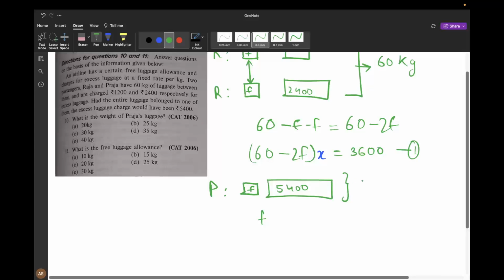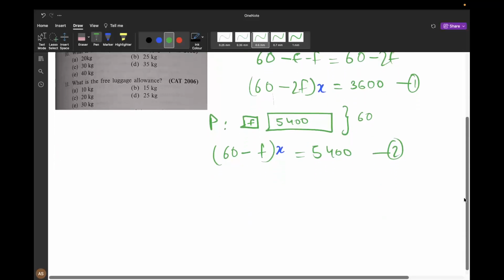The sum of these two weights would still be 60 kg. So essentially 60 minus f at x rate would sum up to 5400 rupees, right? So we have these two equations.